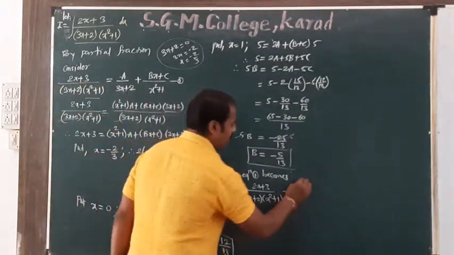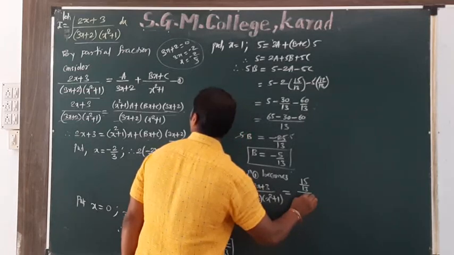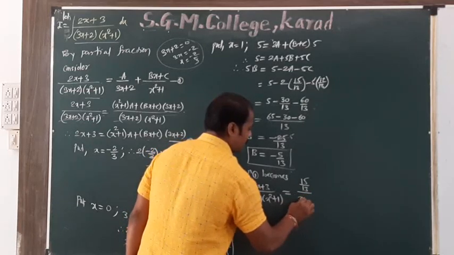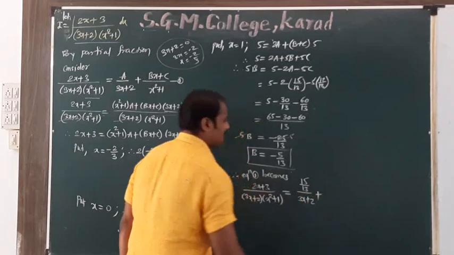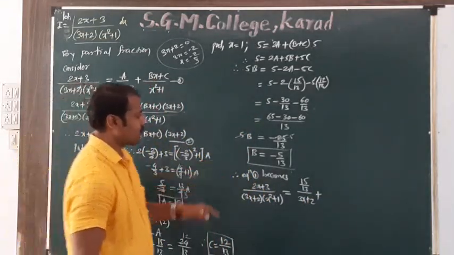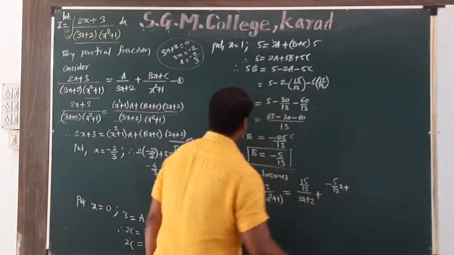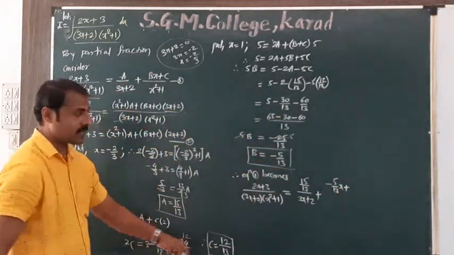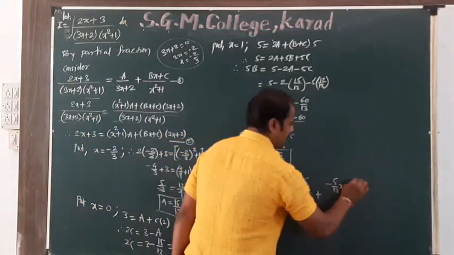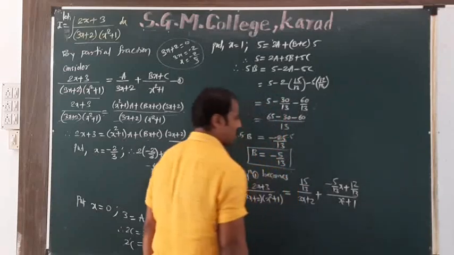It's 15 divided by 13, divided by 3x plus 2, plus bx, that is the value of b is here minus 5 divided by 13 into x, plus c. C is here 12 divided by 13, divided by x square plus 1.